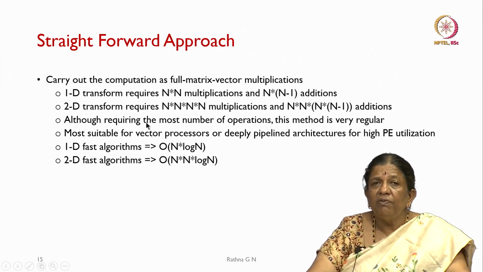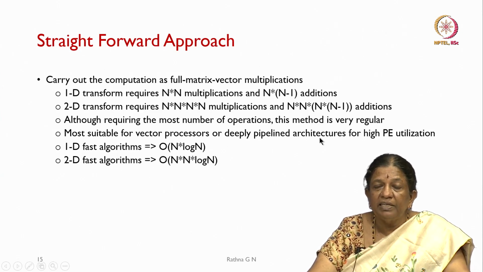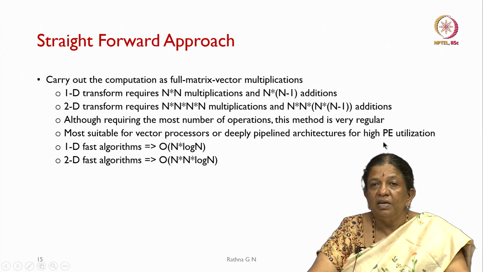Although it requires the most number of operations, this method is very regular and more suitable for vector processors or deeply pipelined architectures, which we discussed for high processor engine utilization.